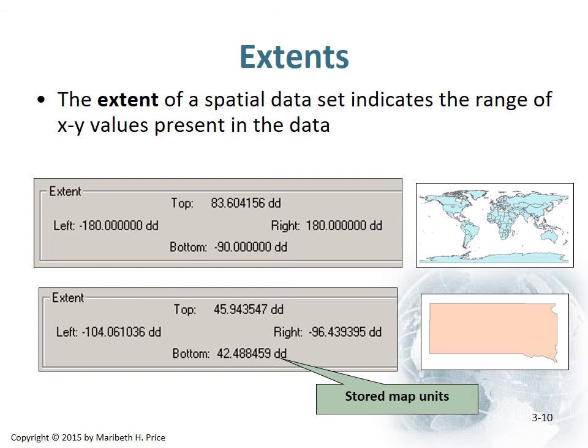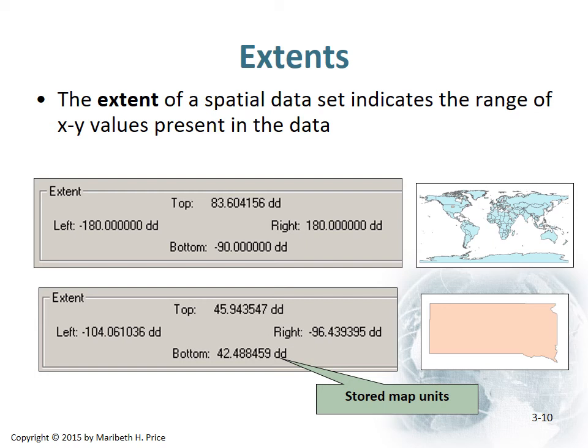The top one is showing a spatial extent in X and Y coordinates, X and Y values, north and south of the equator and the prime meridian. So the spatial extent to the top or the north of the map is 83 degrees. To the bottom goes all the way to the South Pole at -90. And right and left of the prime meridian goes 180 degrees each direction. So we're seeing the entire planet except for the extreme North Pole.